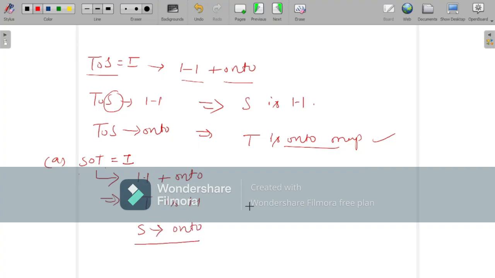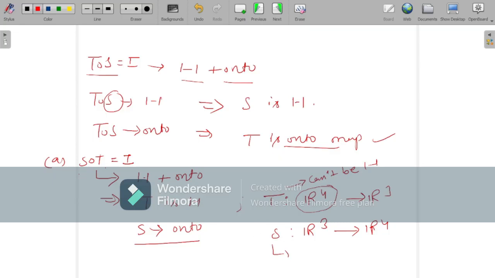But see, T is a given linear transformation from R4 to R cube, and S is a given linear transformation from R3 to R4. So here T cannot be 1-1, because the dimension of the domain space is greater than the dimension of the codomain space. So T cannot be 1-1.